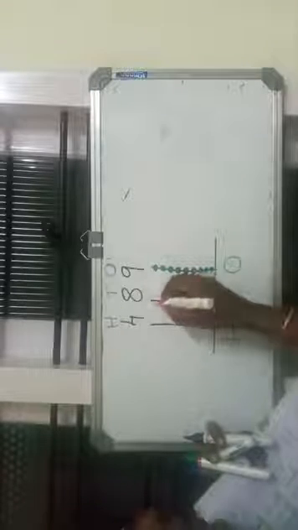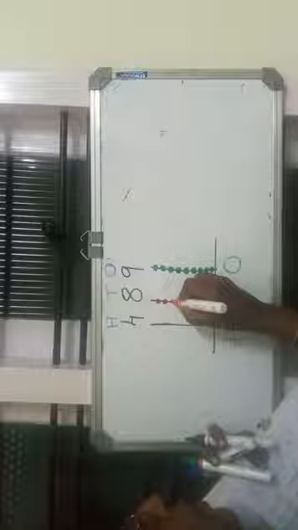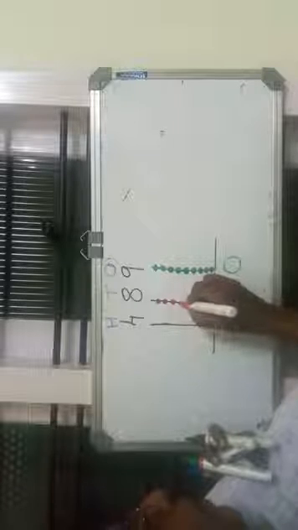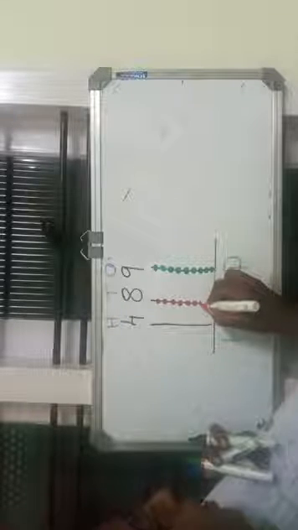So 1, 2, 3, 4, 5, 6, 7, 8 beads. In hundreds place how many? 4 beads. Let us draw 4 beads.